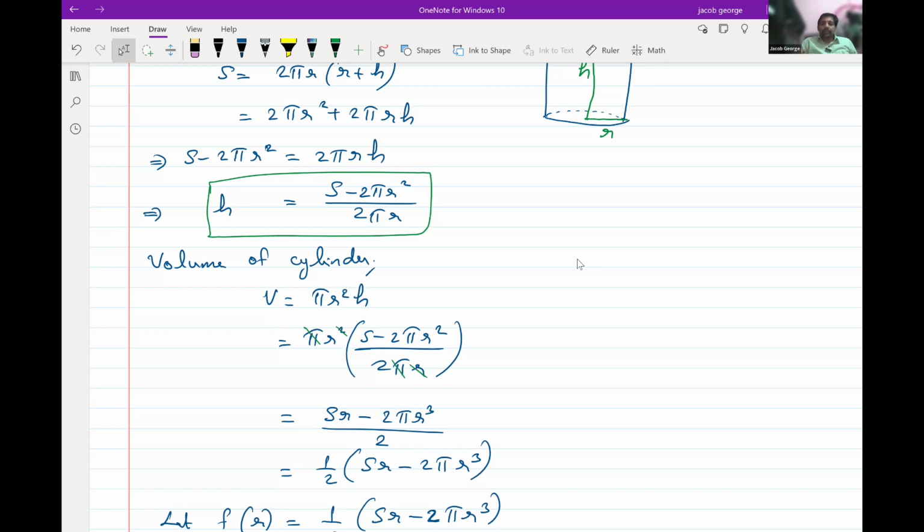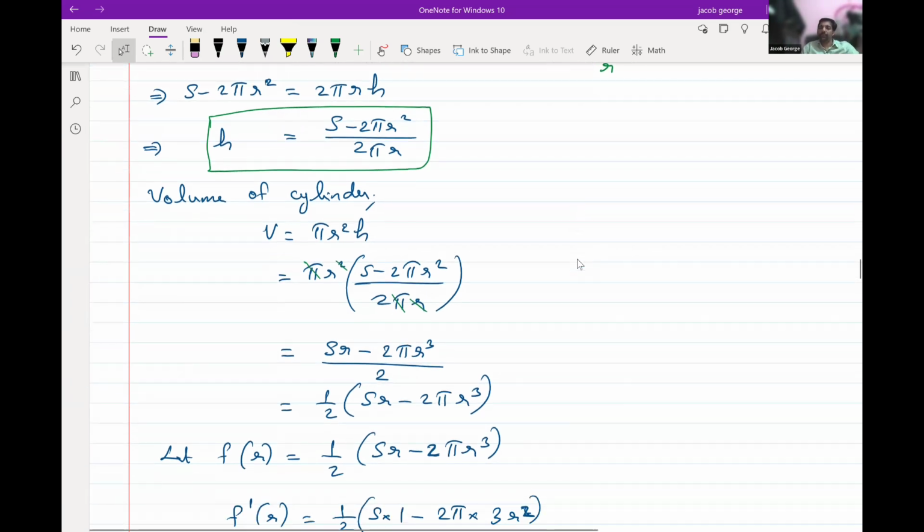Is it clear? Yes. Then we name this as f of r, because r is the only variable in this one. S is a constant.